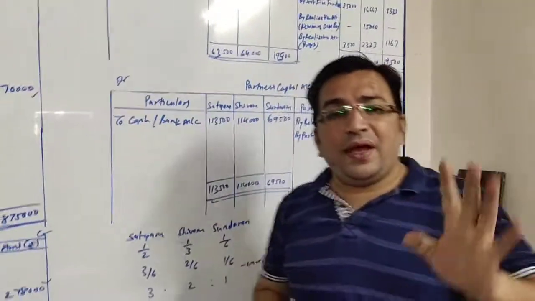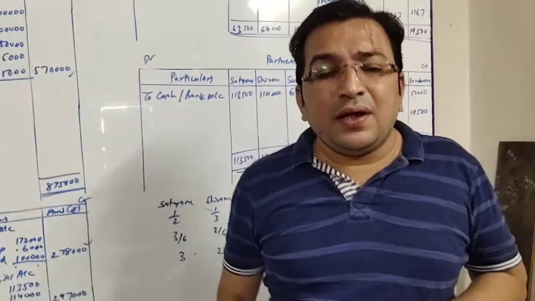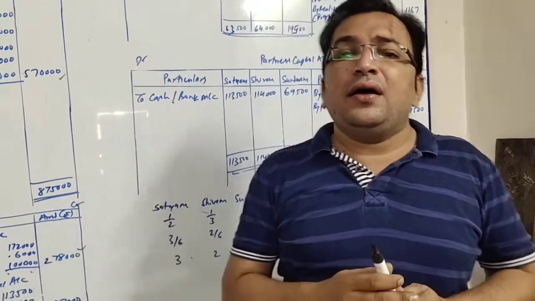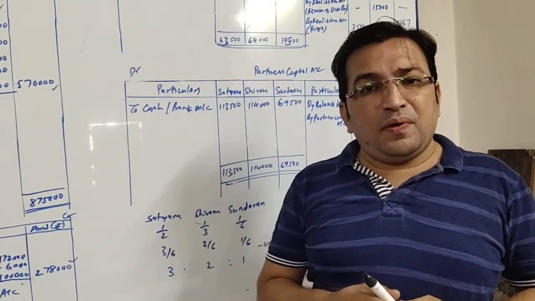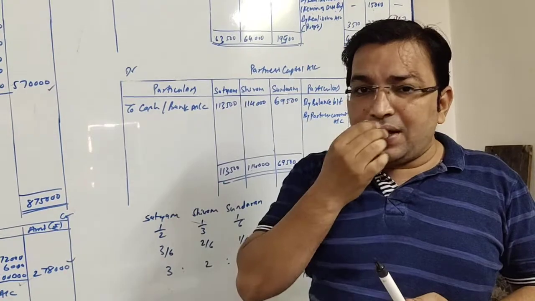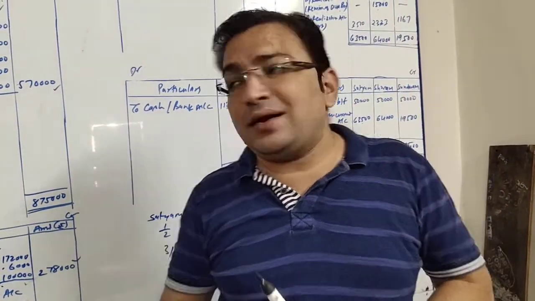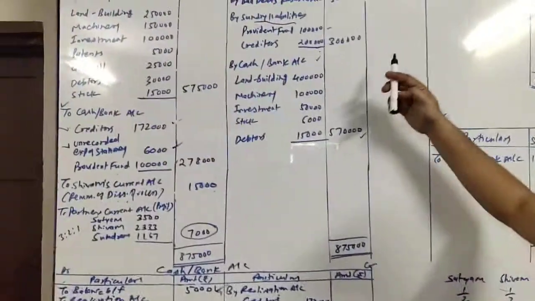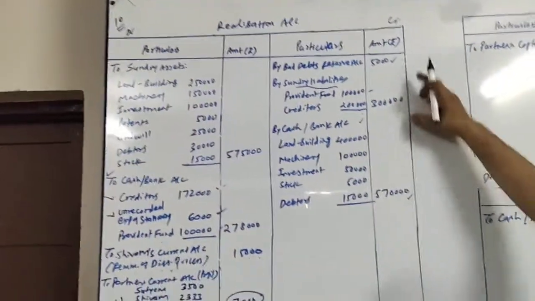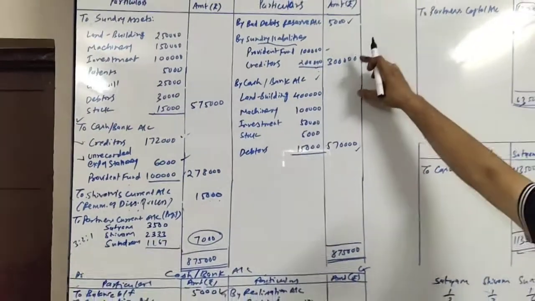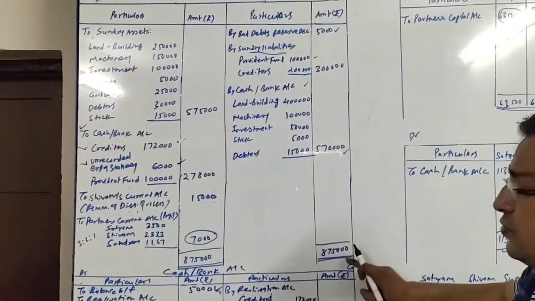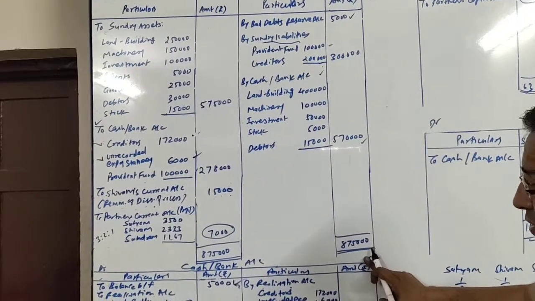So here we have finished with the entire sum. Now it is time to close the account. So first of all we will be finding the difference of realization account, and if there is any difference will be transferred to partner's current account. So here, in outer column there are 3 items at the credit side of realization account whose total is 8,75,000, right?